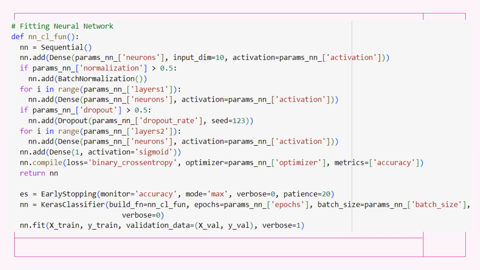So it is more complex and takes more time, obviously. But there are some situations, like if you have to deal with image processing or video processing, you will have to use deep learning in your analysis.